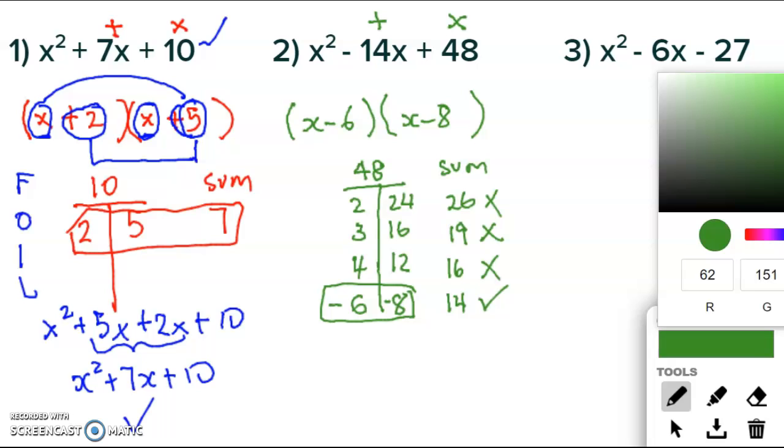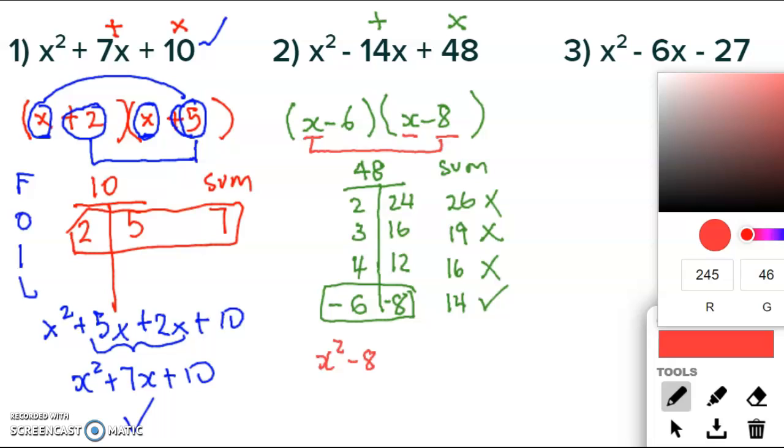Now again, I am going to check my work by multiplying out using the FOIL method. That's the first with first. That's going to be x squared. And then O is the outside. The outside is x, and it's not just 8, it's negative 8. So it's negative 8x.